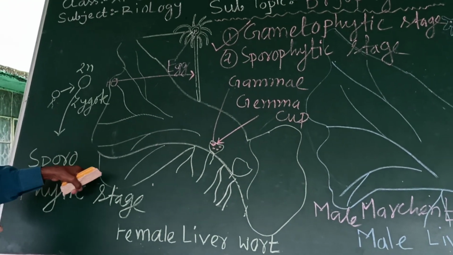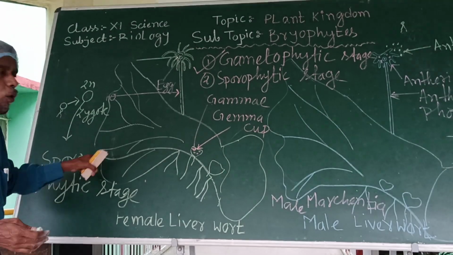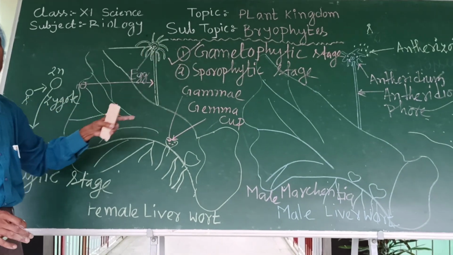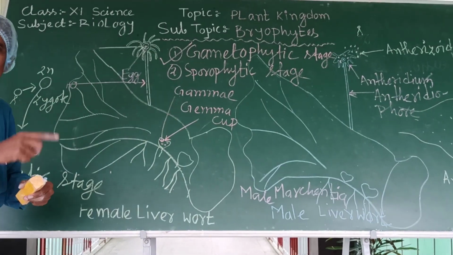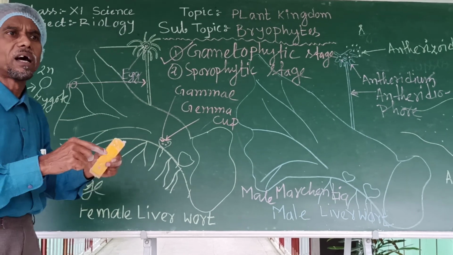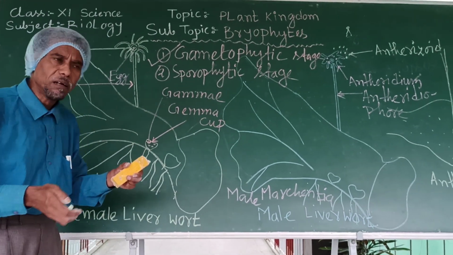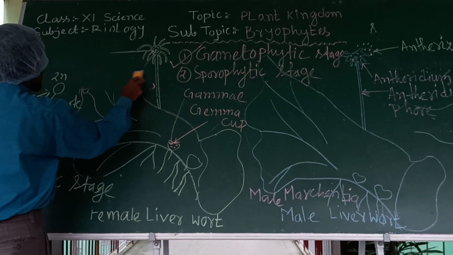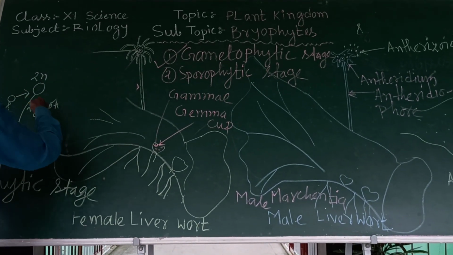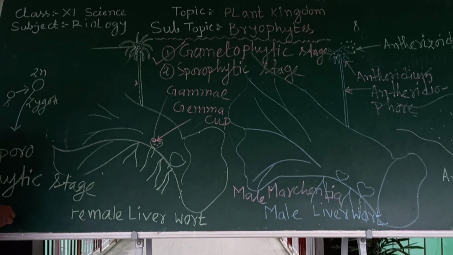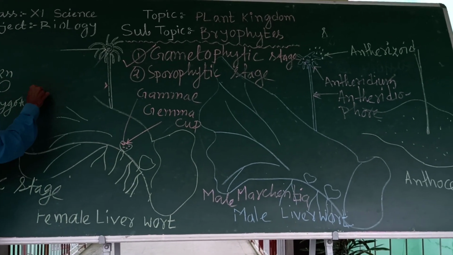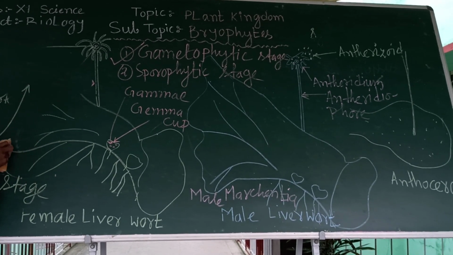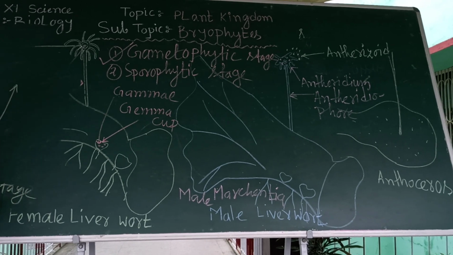This sporophyte resides over the thallus for some time, and some of the cells of the sporophyte, under favorable conditions, then undergo meiosis. So if I rub this part and try to show you, some of the cells of the sporophyte will undergo what type of cell division?